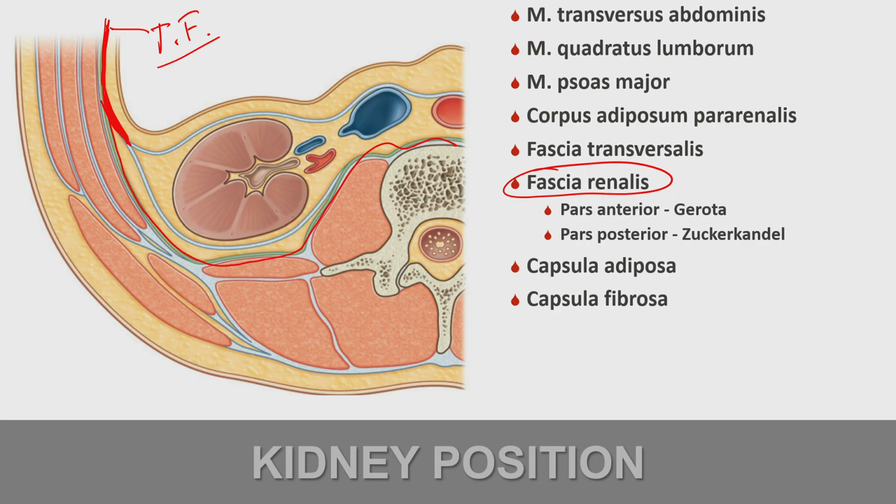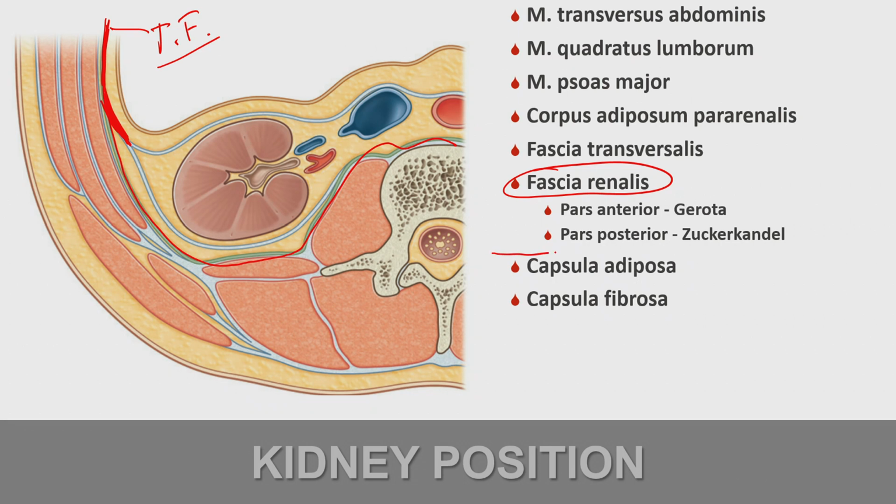For Germans easy, and for Italians also easy. So Italian, German, renal fascia. The anterior sheath is Gerota, the dorsal Zuckerkandl. And they both together form a sheath, a vagina, a space like a sac in which the kidney is localized.